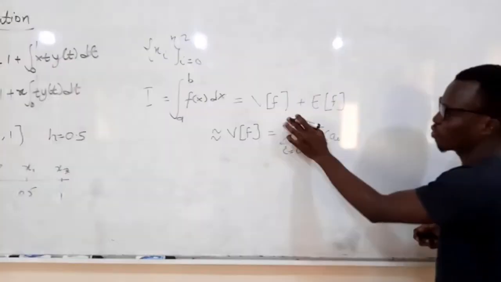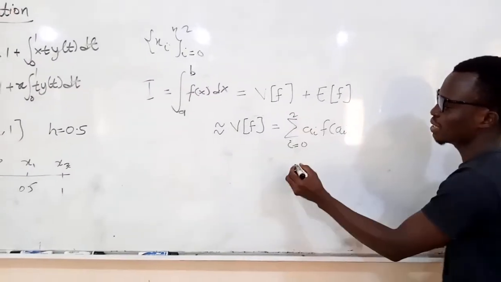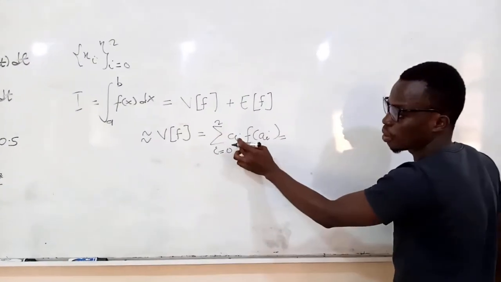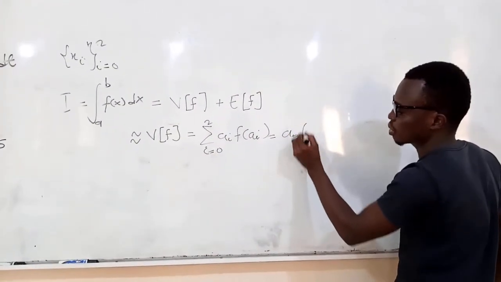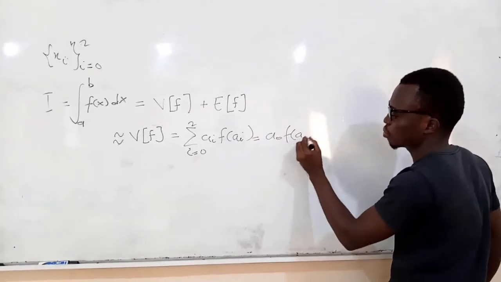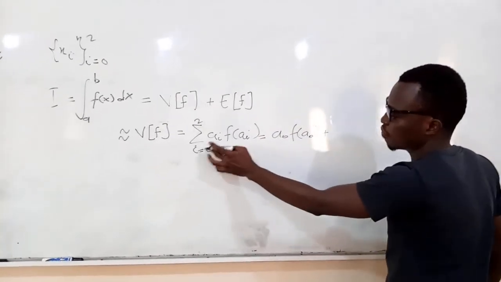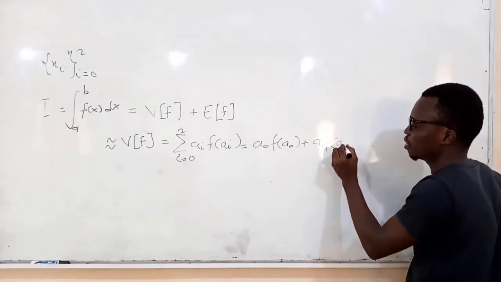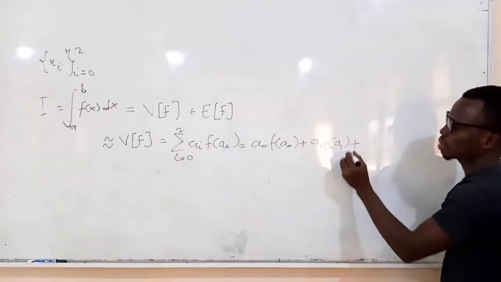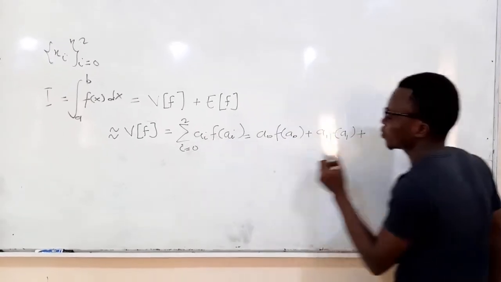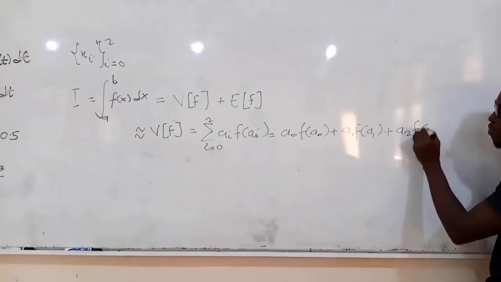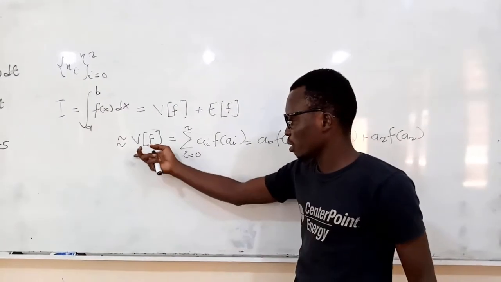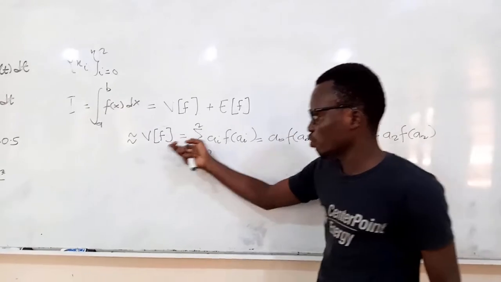So i runs from 0 to 2, which is the same as: if i is 0, I'm going to have a naught times the functional value at s naught, plus if i is 1, we would have a1 times the functional value at s1, plus if i is 2, I'm going to have a2 times the functional value at s2.